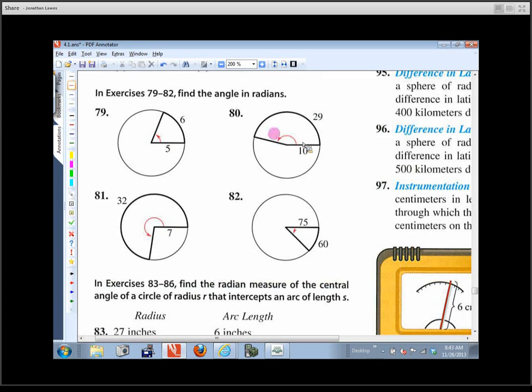Positive. Okay, so at least you know what the sign is on the answer. Okay, let's do number 80. What is that angle in radians if this arc right here is 29 and this radius is 10? Any ideas?